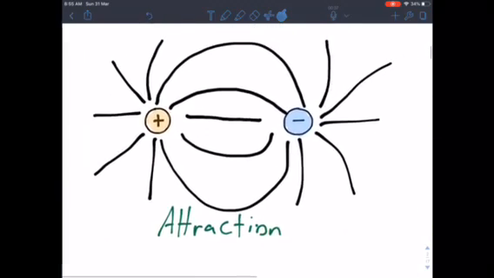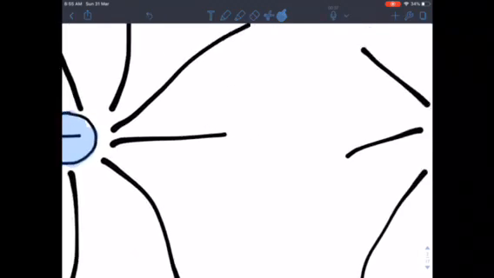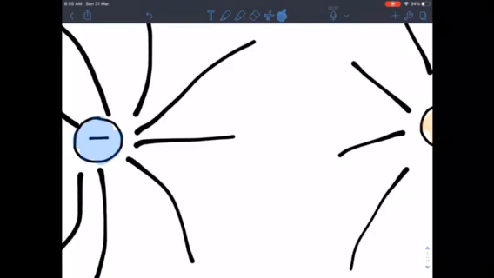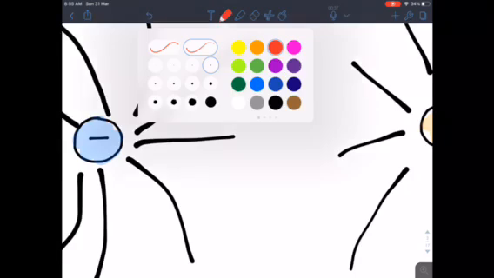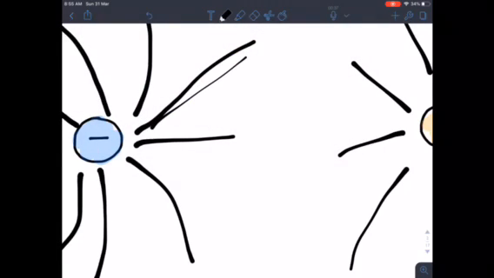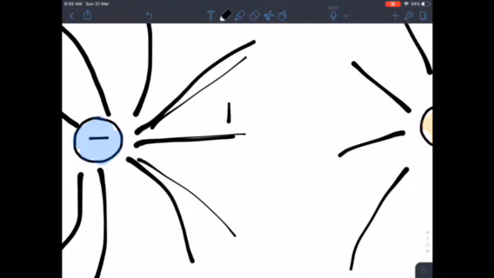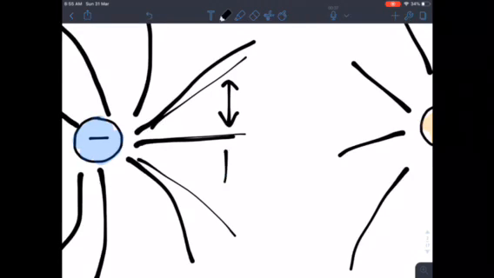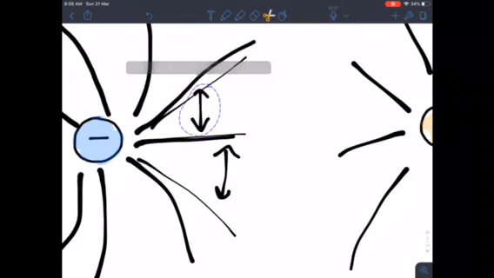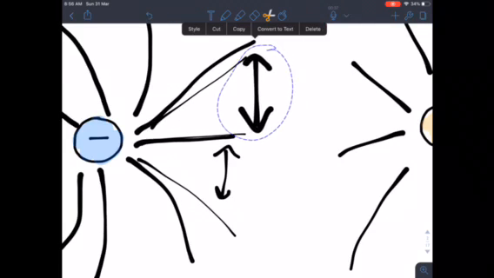Also, you can see from this diagram why it's an inverse square relationship. As you move away from the particle, you can see that the lines get further and further apart. That distance indicates the strength of the electromagnetic field. As these start close and then get farther and farther apart, the field is actually getting weaker.